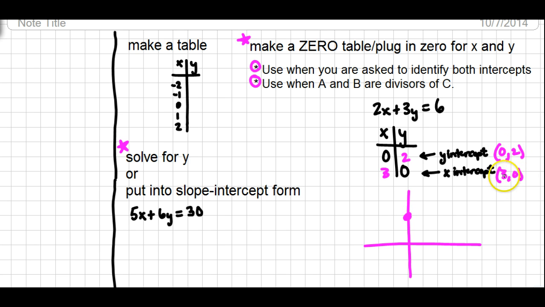The other coordinate is (3, 0), so we're going to go over to the right 3, and we're not going to go up or down, because there's no y value. Now when you connect those, you get your straight line. No other coordinates are needed, and calculating the slope is also not needed in order to make this graph. We have the intercepts available, we can graph them, and simply connect them with a straight edge.